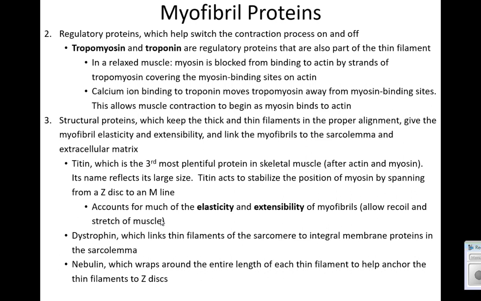Those other two proteins that make up the thin filament and were illustrated on that figure are called troponin and tropomyosin. We call these regulatory proteins because they control, regulate, or switch, whatever you want to use to describe it, the contraction process.